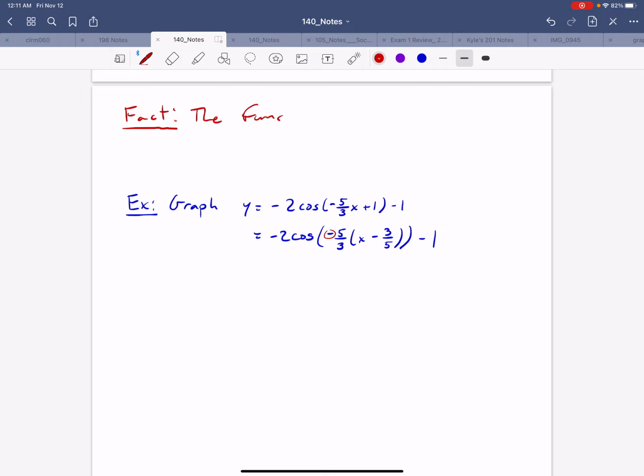The function cosine is even. Remember, the same way that sine is odd, cosine is even, i.e., cosine of negative x equals cosine of x.